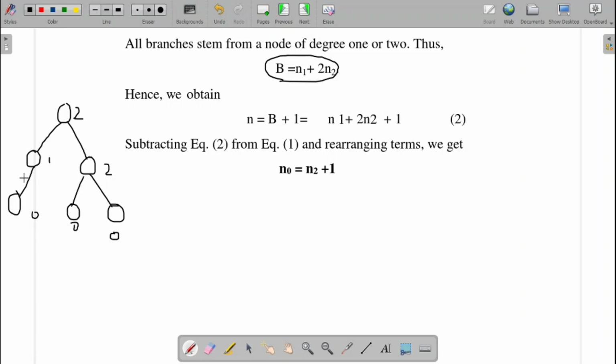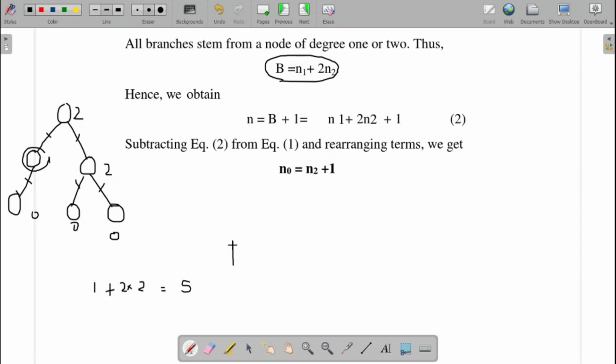Fine. The next one. If you take the edges 1, 2, 3, 4, 5, how can we get that? How many nodes are there with degree 1? We have 1. Then how many nodes with degree 2? We have 2. That is 2 into 2, which will be equal to 5.